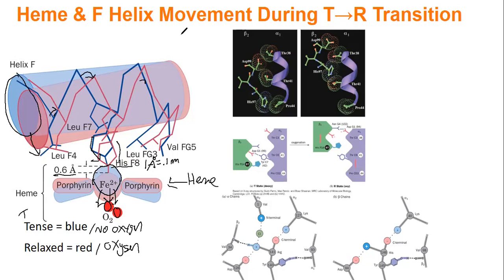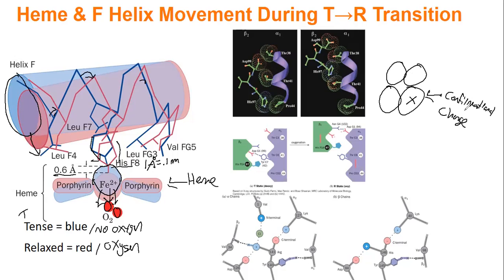Why does that matter? Why do we care about that? Well, remember, there are 4 different subunits of hemoglobin, or 4 different peptide chains that make up hemoglobin. So let's say the subunit I just drew with an X binds oxygen. This whole peptide will go through a conformational change.